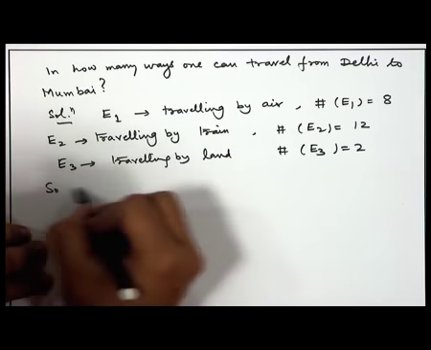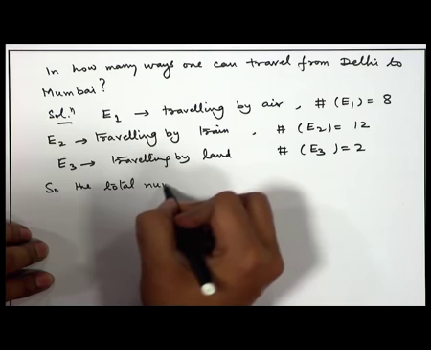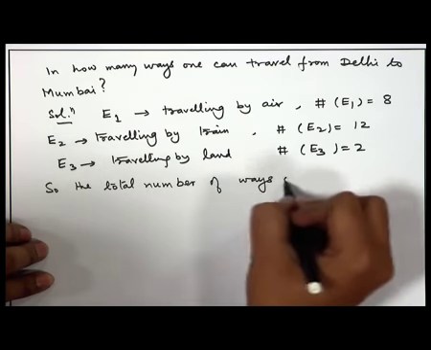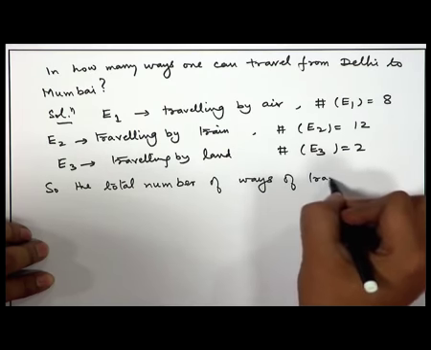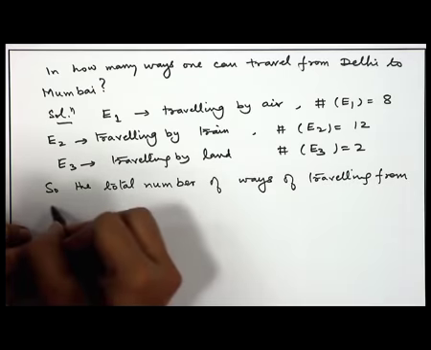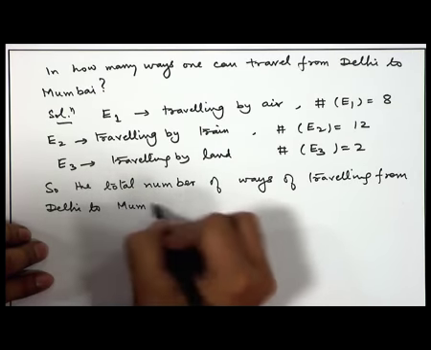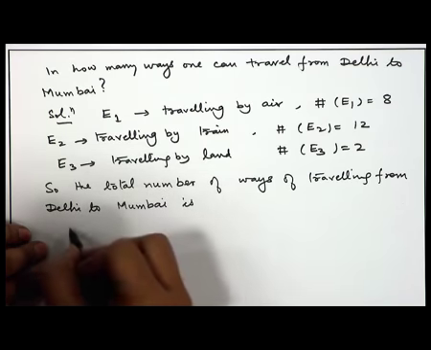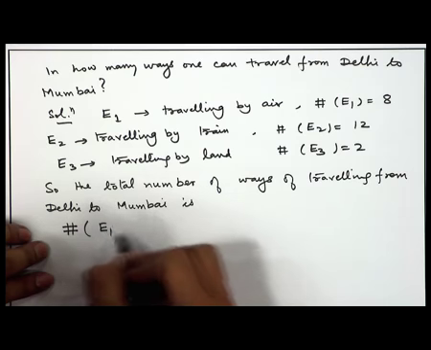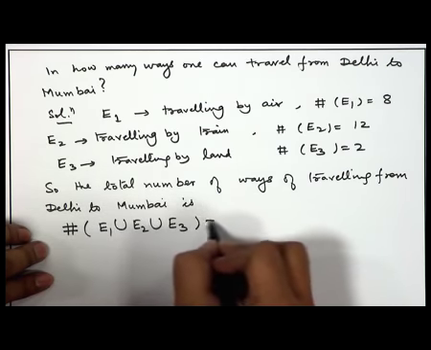So, the total number of ways of traveling from Delhi to Mumbai is, so this will be cardinality of E1 union E2 union E3, which are all disjoint.